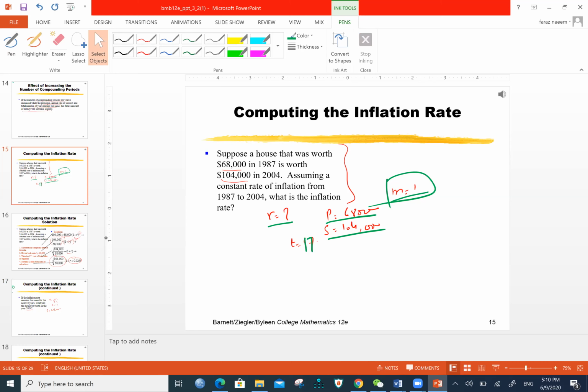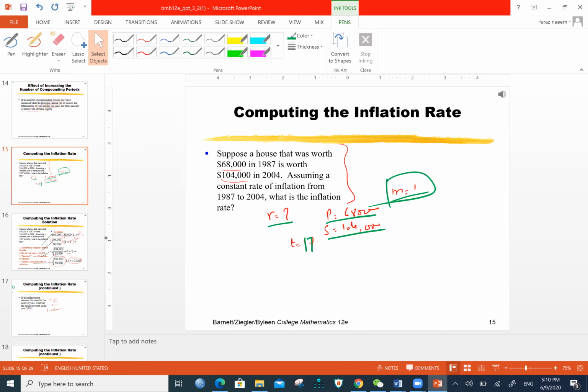Yes, but still, how do we know that we need to use compound interest? I gave you two hints. One is compounding periods. More than 90% of problems will have a sentence like compounded monthly, compounded daily, whatever. It will tell us that we are using the compound interest formula.